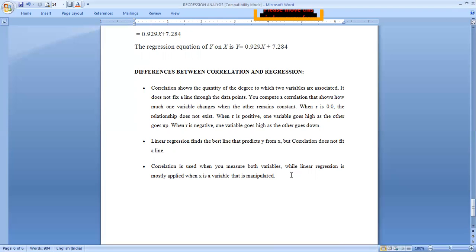The two lines are called the line of regression of y on x, and the second line is called the line of regression of x on y.